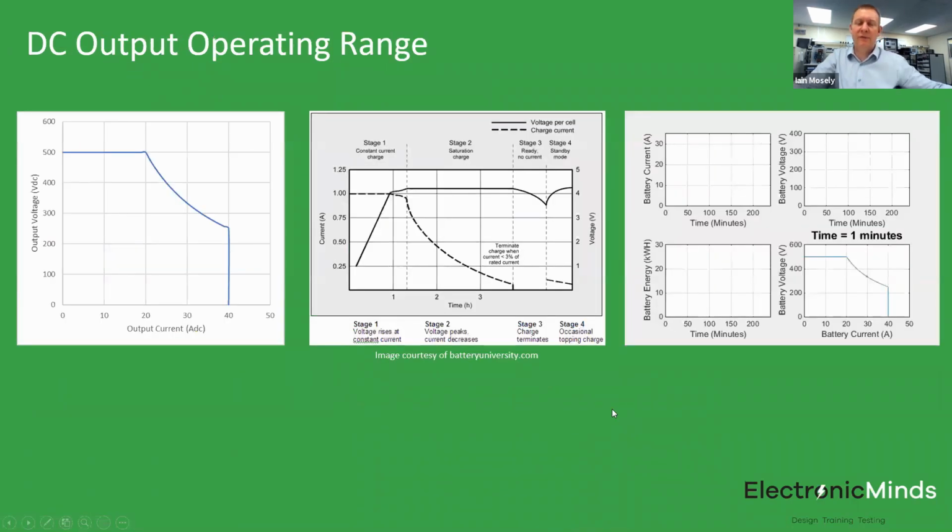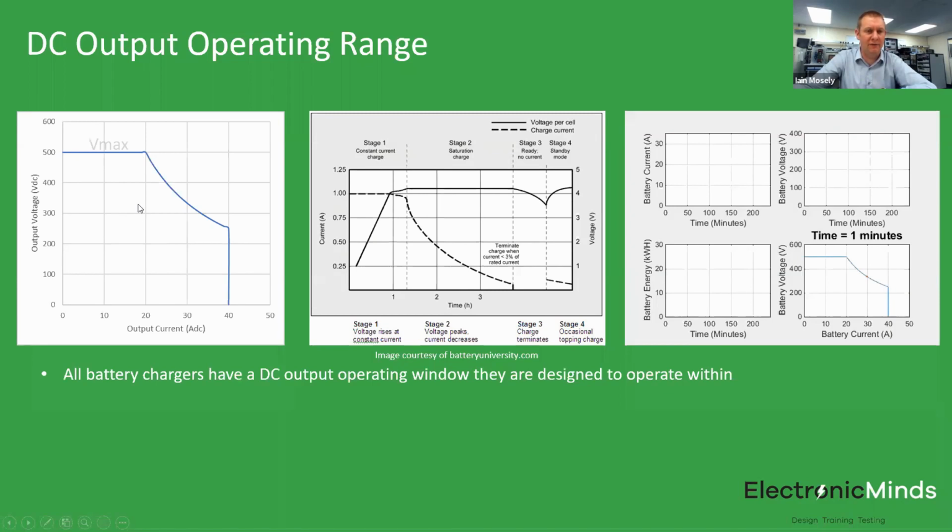Okay, so we've covered the two main topologies. In terms of the operating range of this battery charger, if you look at the plot on the left-hand side here, normally you have an operating window for your battery charger, whereby you have a certain maximum voltage capability, a certain maximum power capability, and a certain maximum current capability.